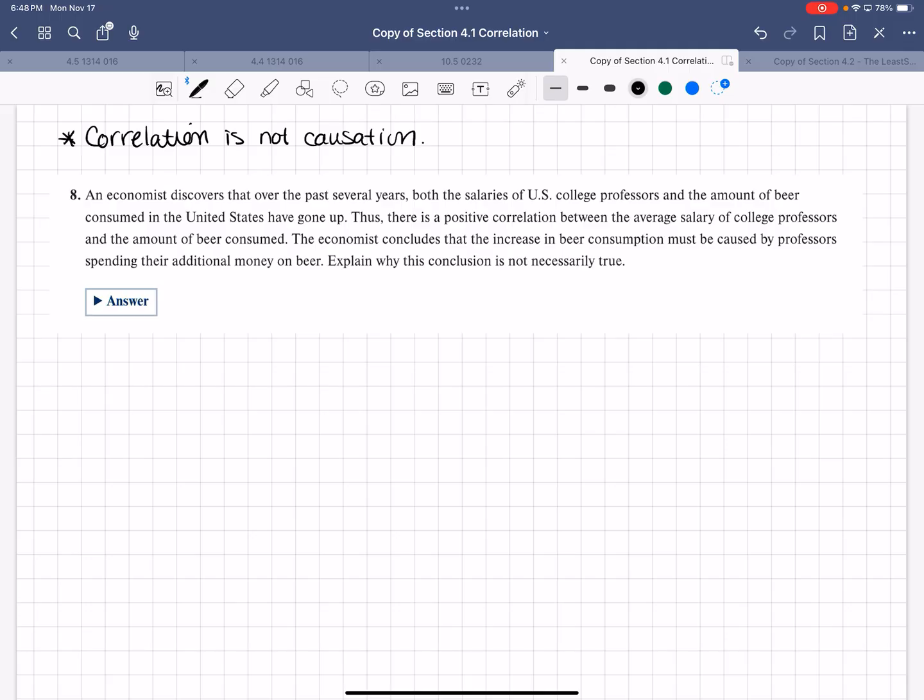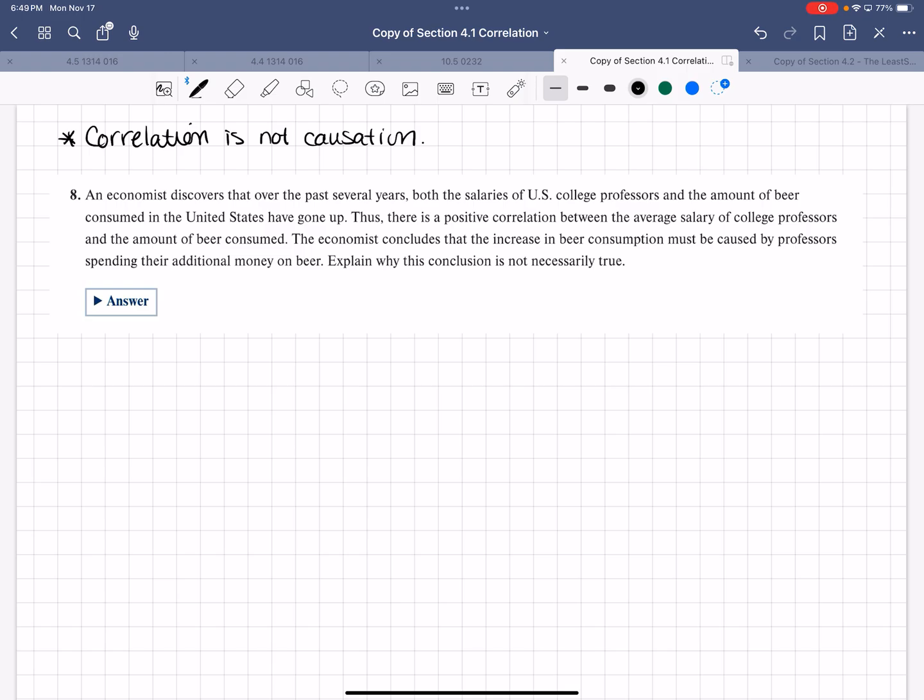So, example 8, it says, an economist discovers that over the past several years, both the salaries of U.S. college professors and the amount of beer consumed in the United States have gone up. Thus, there is a positive correlation between the average salary of college professors and the amount of beer consumed, okay?